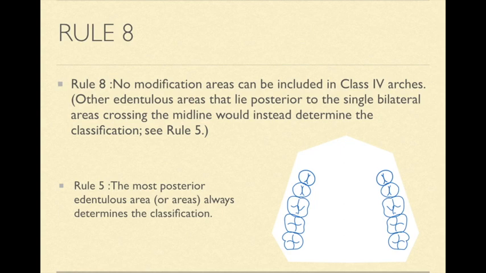So when you determine a class 4 classification, it's never able to have a modification. There is no way you call a case class 4 modification 1 or modification 2. Class 4 will no longer have modification. If you have a class 4 and also want to call it modification, you might think about the posterior edentulous area, and you should use that to determine your classification, not the front area.